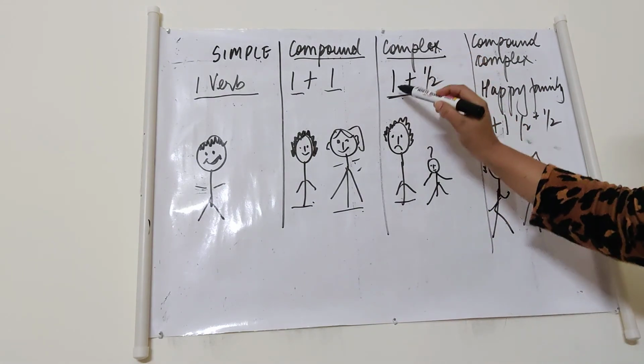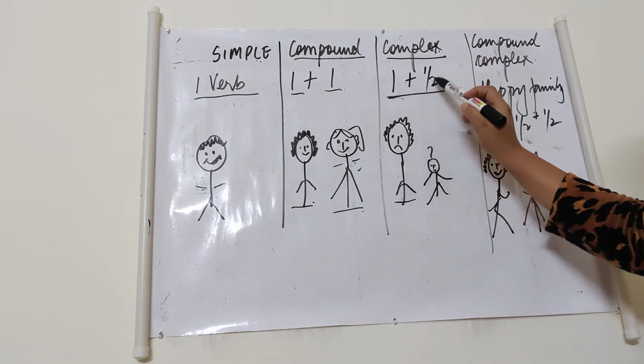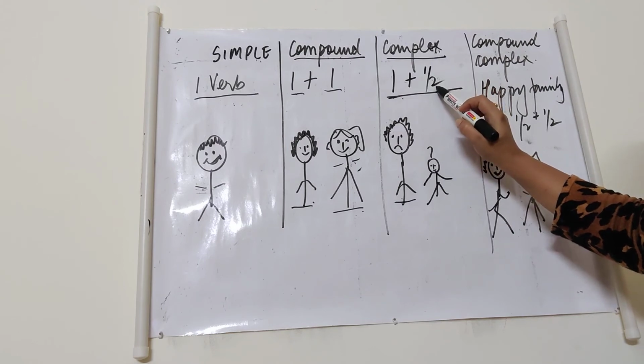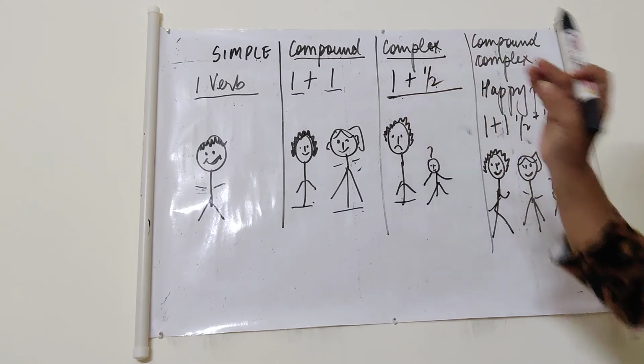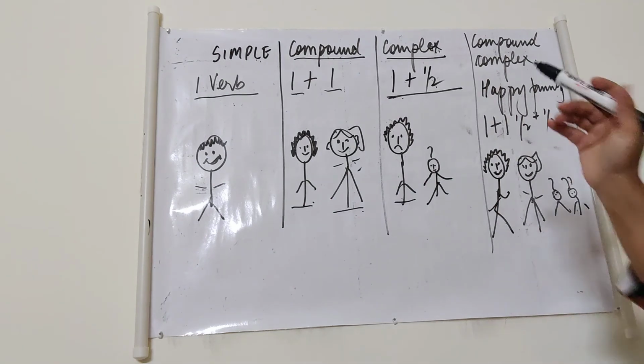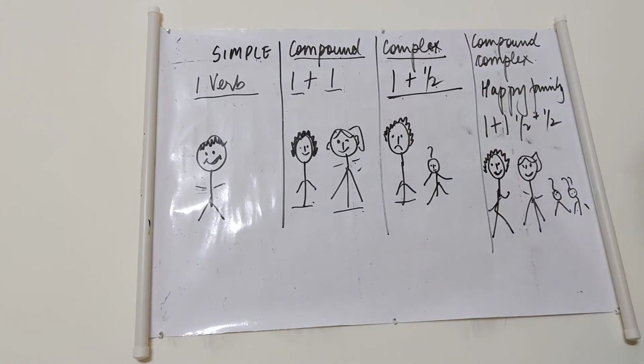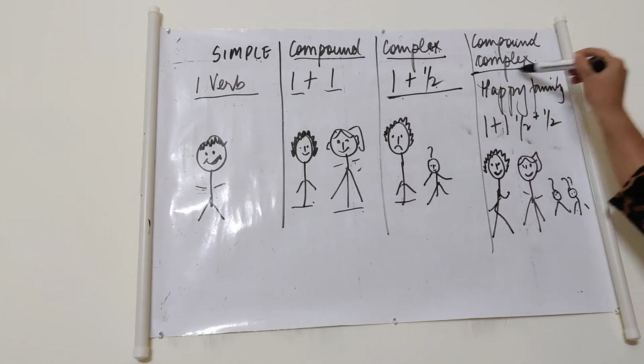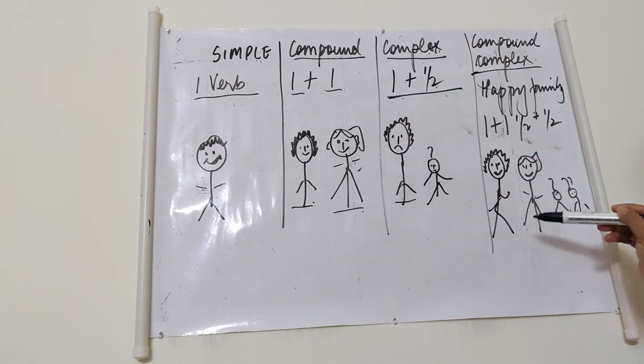If one finite verb and the other is also a finite verb, but joined by a subordinating conjunction, then it is a complex sentence. And compound complex is the mixture of both of these. That's why I call it a happy family.